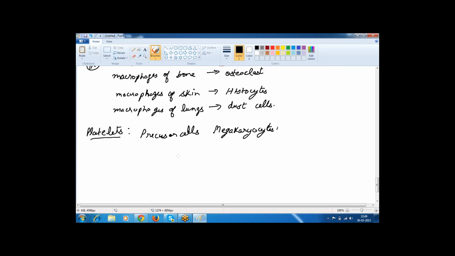These megakaryocytes, they split into about 1000 cytoplasmic fragments.